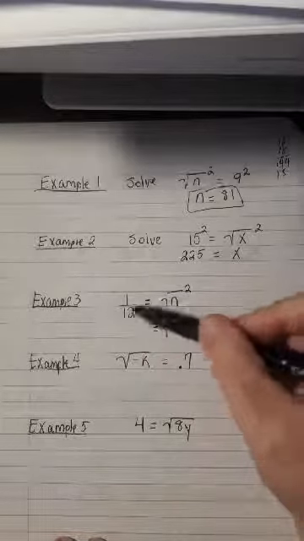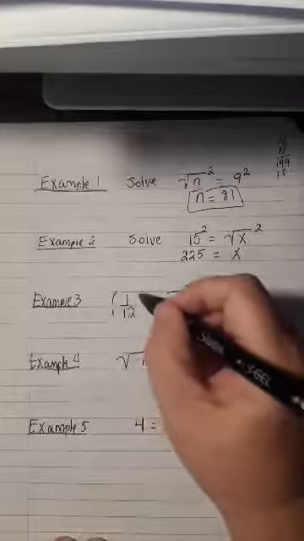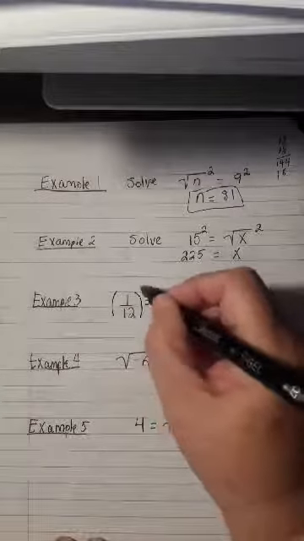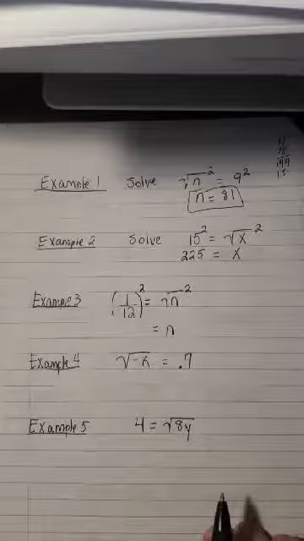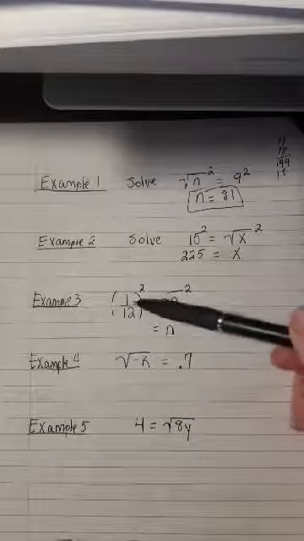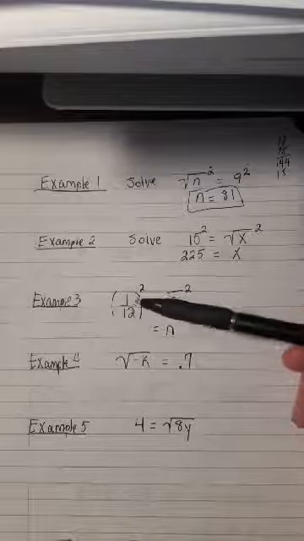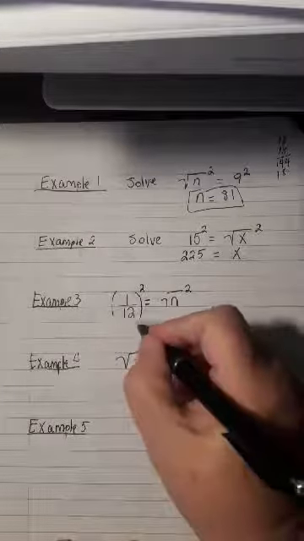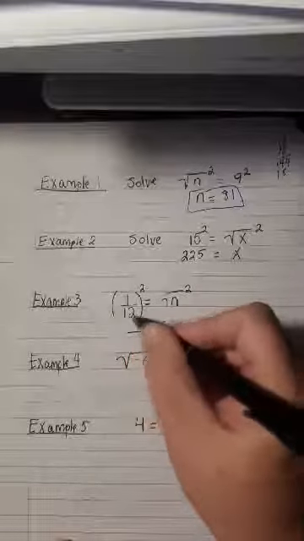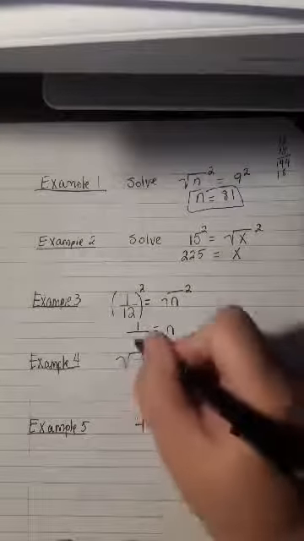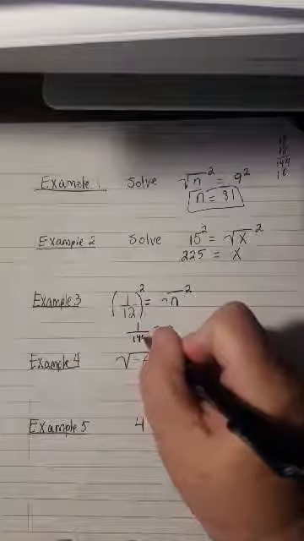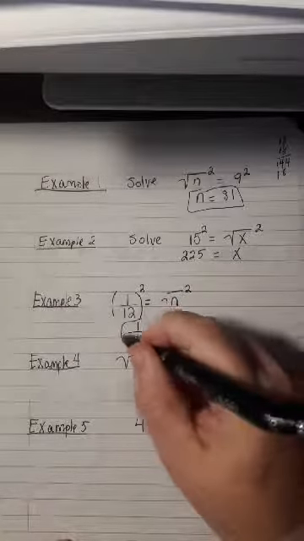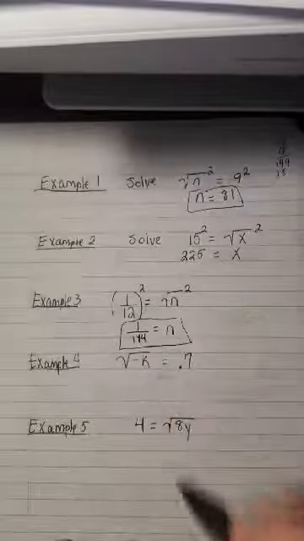Now when you square this fraction, I'm going to put parentheses around the whole fraction because you've got to square both numbers. Because what you're doing is squaring 1/12. So that's 1/12 times 1/12, which means 1 times 1 on top, and on bottom, it's 12 times 12, which is 144. And that is your answer, 1 over 144.